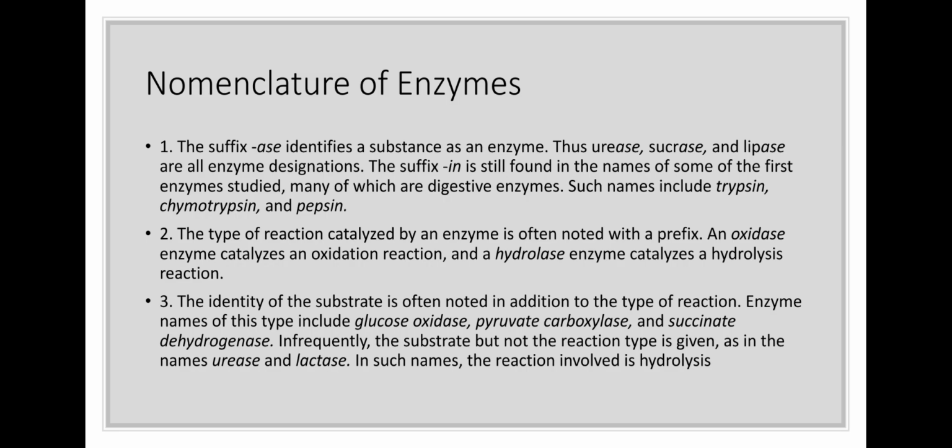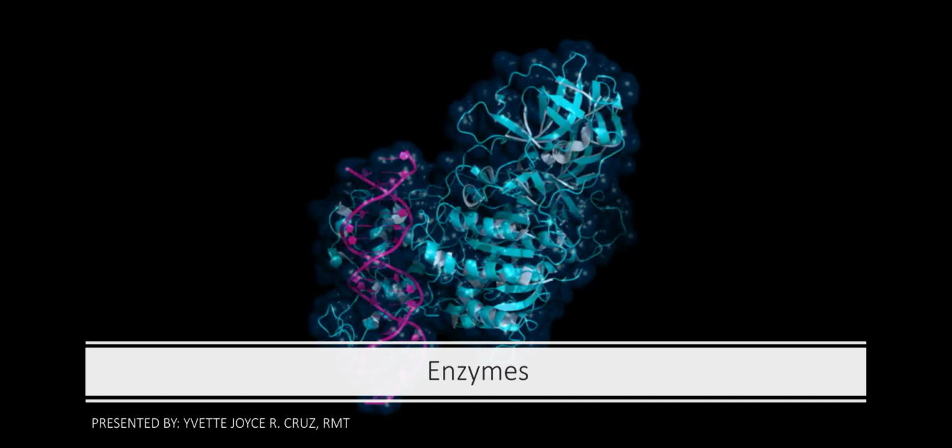Examples are glucose oxidase, pyruvate carboxylase, and succinate dehydrogenase. Infrequently, the substrate but not the reaction type is given, as in the names of the enzymes urease and lactase. So for these enzymes, a reaction like hydrolysis is involved.